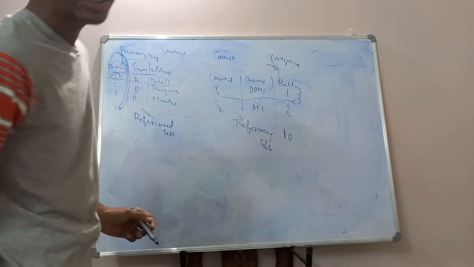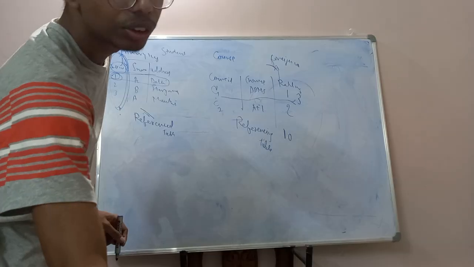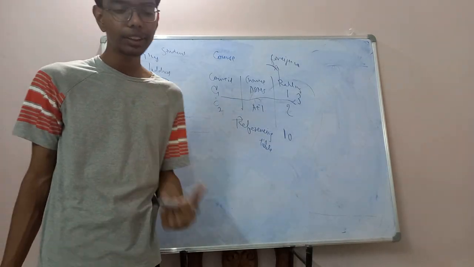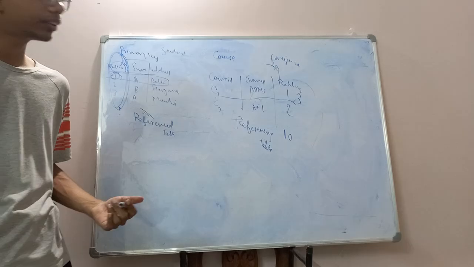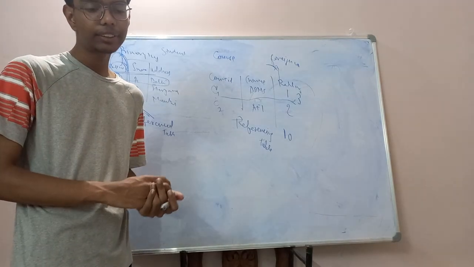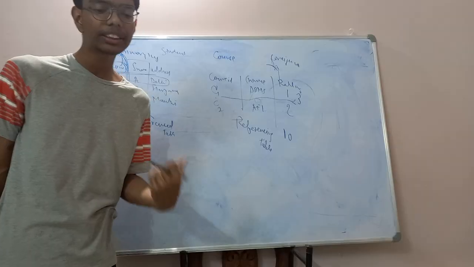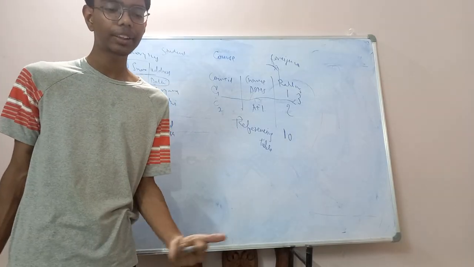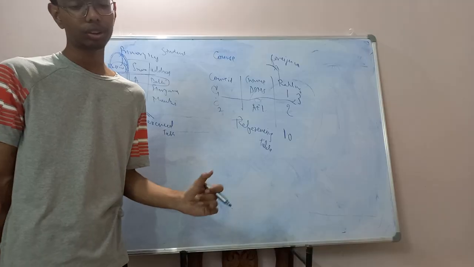And then we will discuss weak entity sets, right? Weak entity sets are those sets that do not have any primary key attribute. That's why we cannot uniquely identify them. There is no uniqueness in that identity, and we cannot identify that entity on its own.